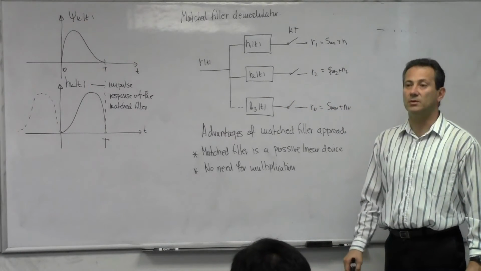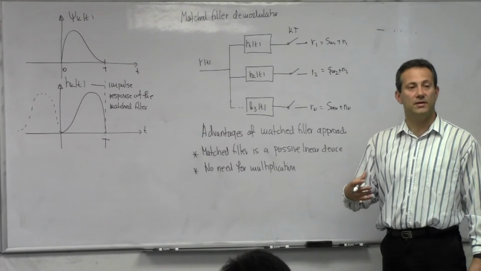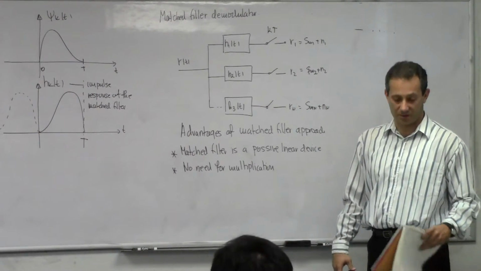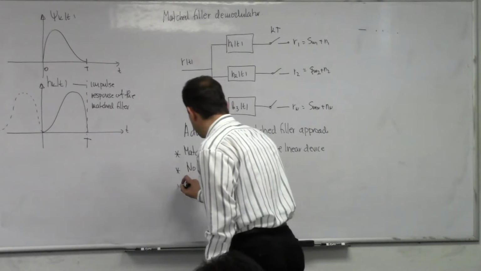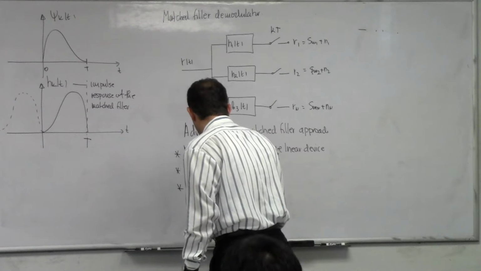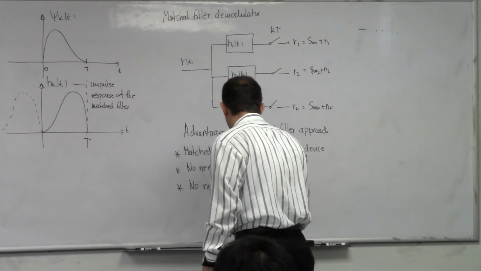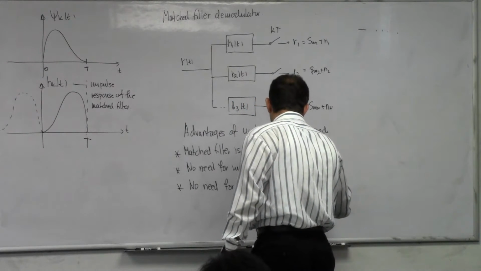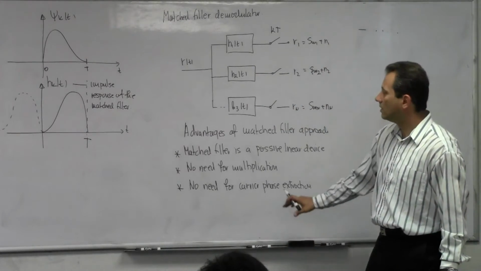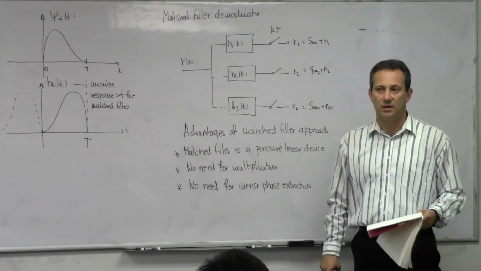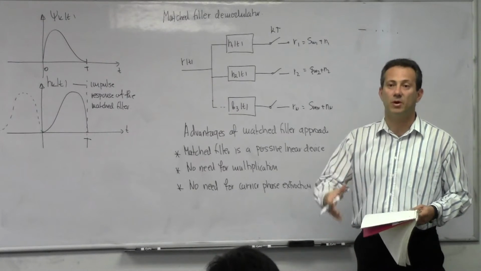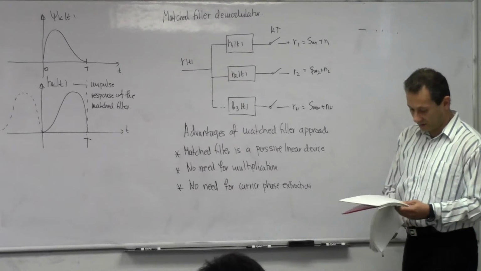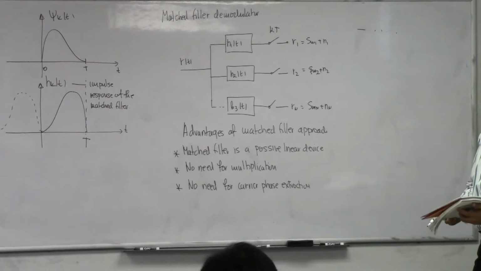That's the source of a lot of trouble in practical receivers, because this is done in a device called a mixer, and a mixer is a non-linear device. It has to be to do multiplication. And then no need for carrier phase extraction, right? This is again the same reason, because in that one you need to extract the phase of the carrier, because you need to do a multiplication with the proper signal with the proper phase. Here, these are passive devices that have the proper response whenever you hit them with a signal.